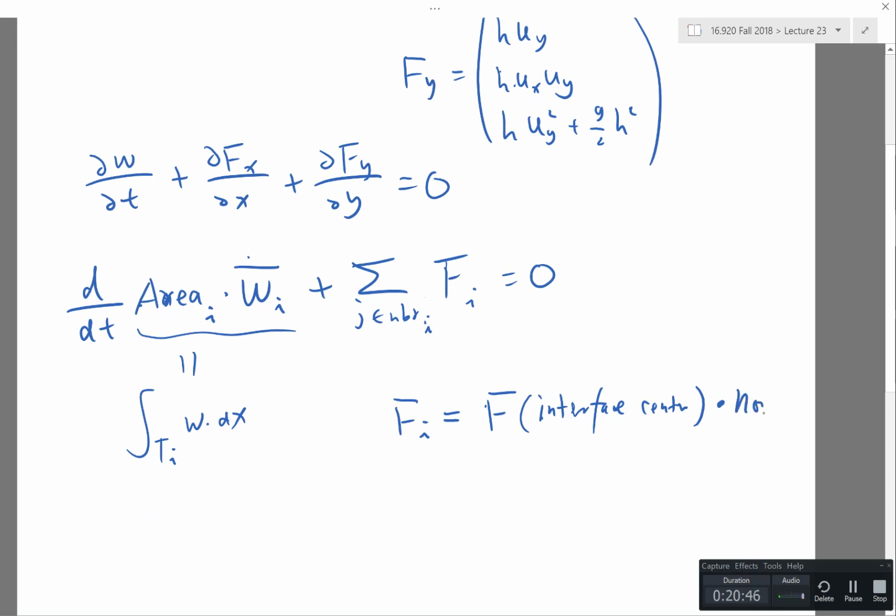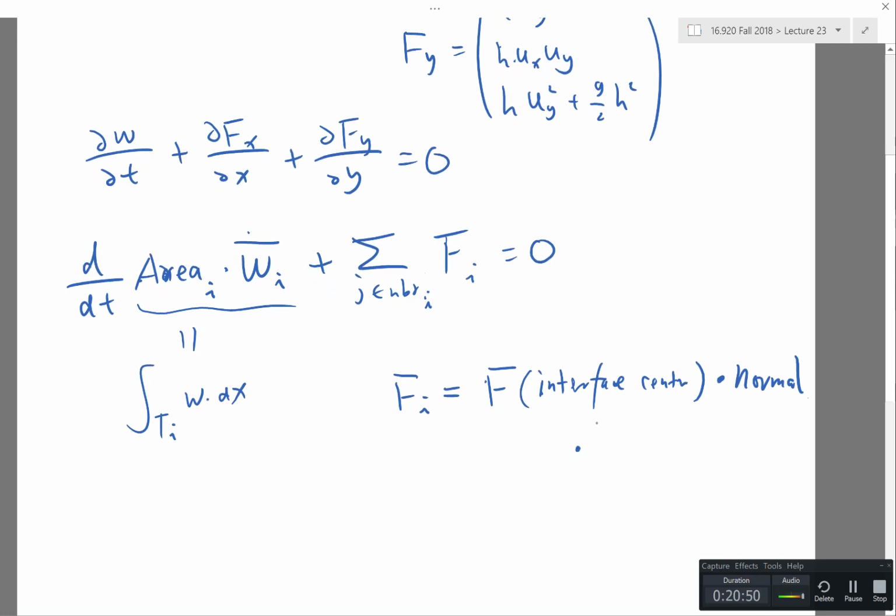The normal times the size of the interface, or the length of the interface, or the length of the edge. All right, any questions?